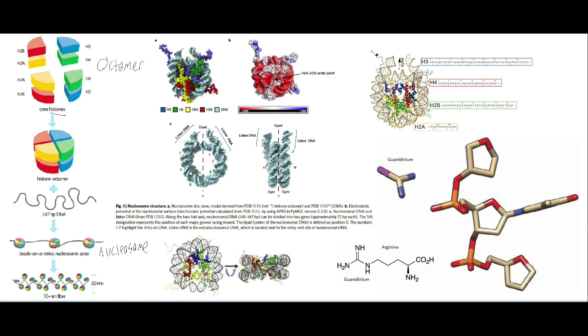I show here these structures of the nucleosomes. So this sort of lighter blue stuff here is the DNA that's wrapped around it, and the different colors here are the different subunits of the histones. And we can see here, it shows it as negative, but this is potential.